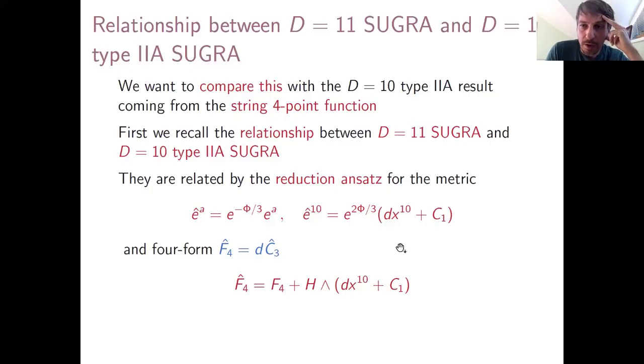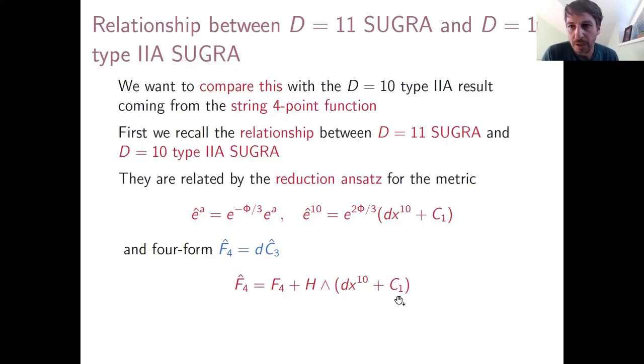And we also have the 3-form in 11 dimensions, C3 hat, and the reduction of that, or its field strength, the F4 hat, reduces to the 4-form field strength of type 2A, together with H, the field strength of B, and again, the Riemann 1-form will appear here.